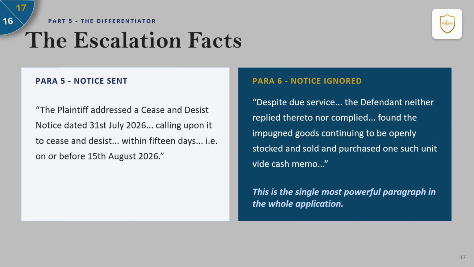So this single paragraph proves something the plaint alone cannot: that the defendant was given a fair chance to stop voluntarily and he chose not to stop. That is direct evidence of continuing and willful infringement, dated after a formal notice.